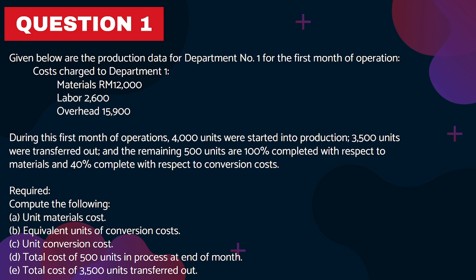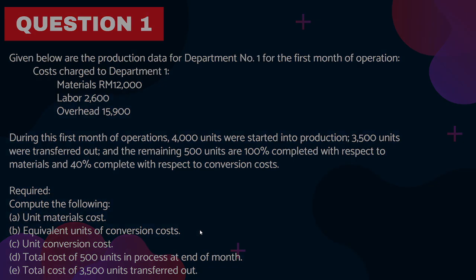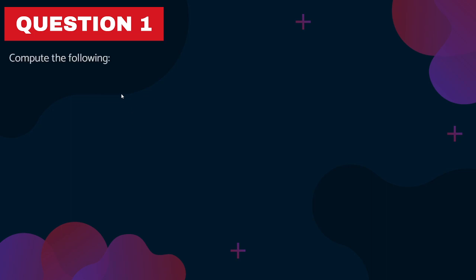So the question needs us to compute the following: unit material costs, equivalent units of conversion costs, unit conversion costs, total cost of 500 units in process at the end of month, and total cost of 3,500 units transferred out. So let's start with question 1. Question 1 is unit material costs.